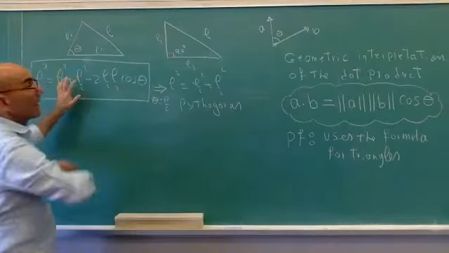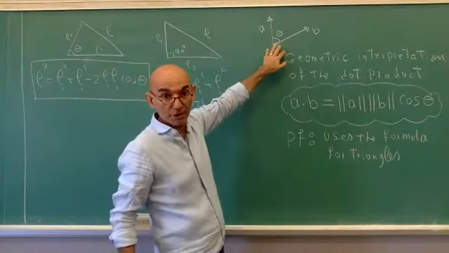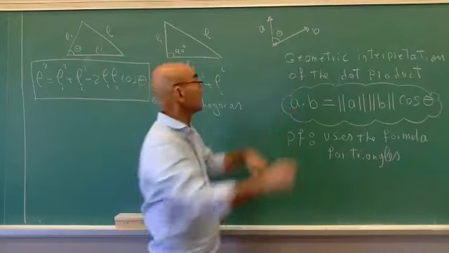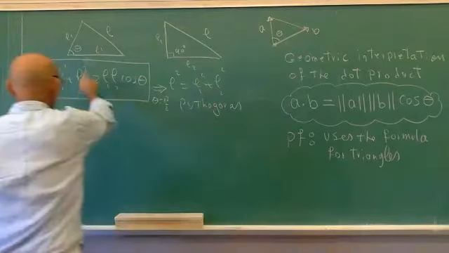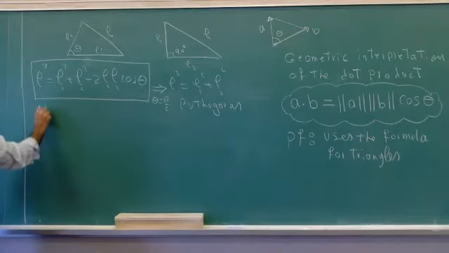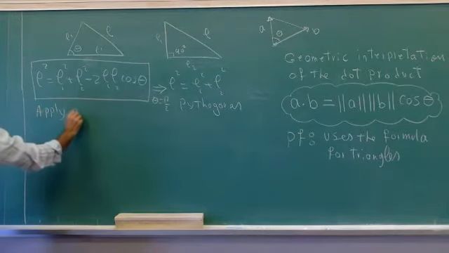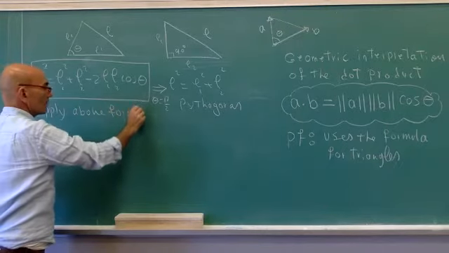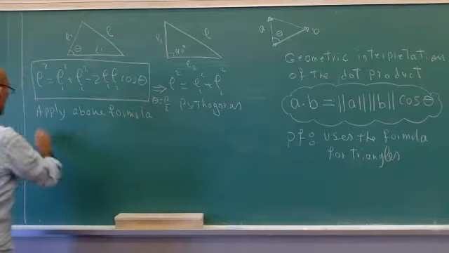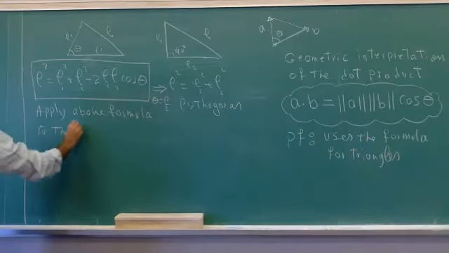So it's more general. And here we are dealing with a more general case, by the way, because this is theta. So then here, just apply this rule, this formula, to the triangle.